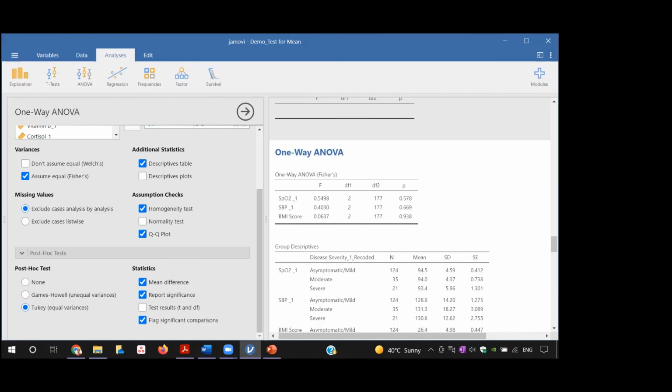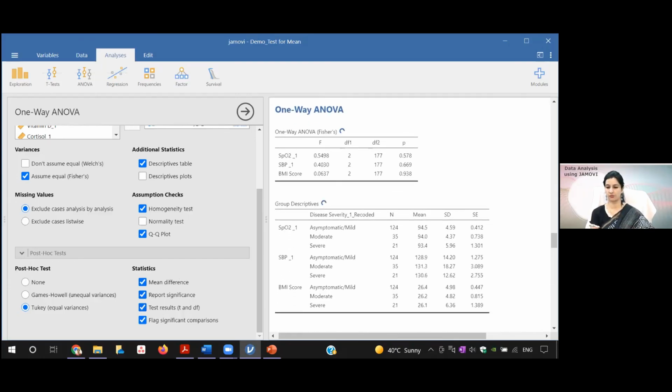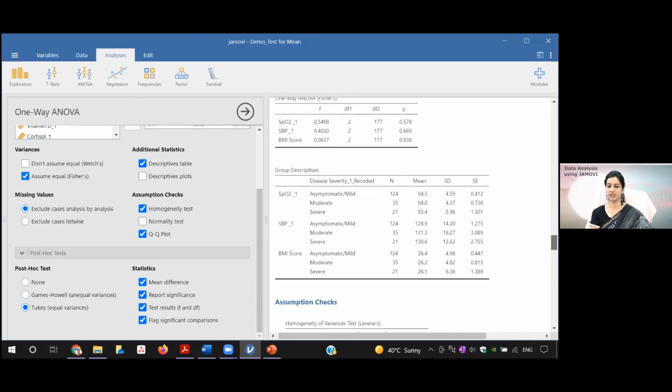Okay, right. Thank you. Tesh is asking, in Tukey's, if it's significant, can we infer anything from its t statistics? I don't think so, because the t statistic is not important here. In this case, it is the F statistic which is important.